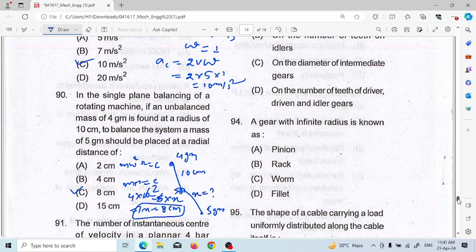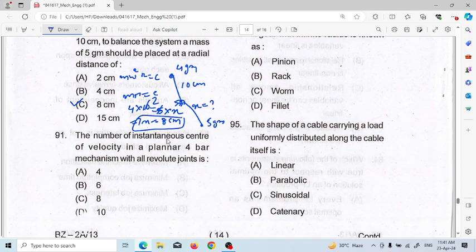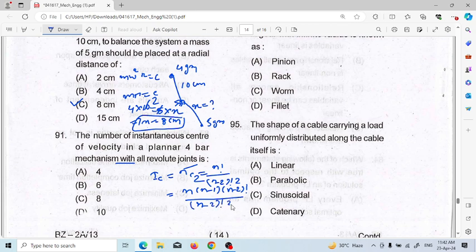Next, question number 91. The number of instantaneous centers of velocity in a planar 4-bar mechanism will be nC2, where n is the number of links, so we can solve n factorial divided by (n minus 2) factorial into 2, so n into (n minus 1) into (n minus 2) factorial divided by (n minus 2) factorial into 2.